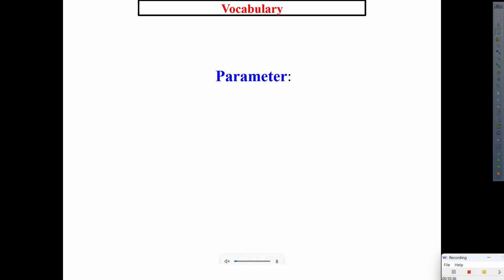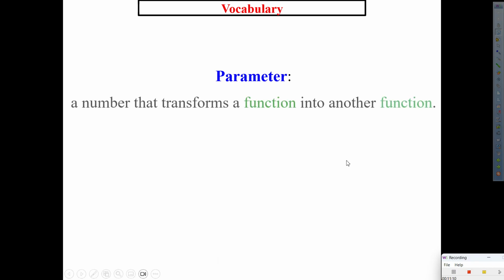Parameters are numbers that change a function to another function. Let me repeat that again. Parameters are numbers that change a function to another function. I'm going to be reintroducing that today.